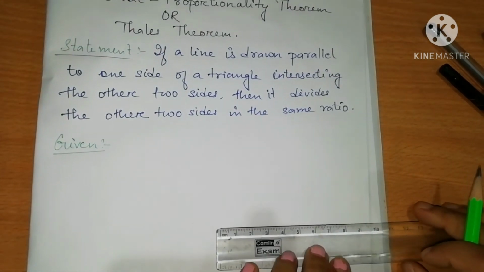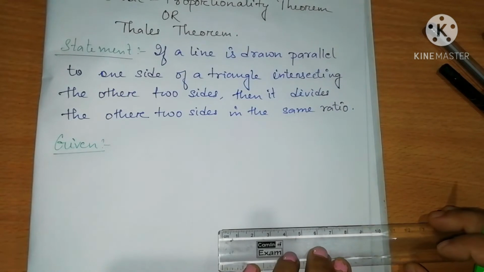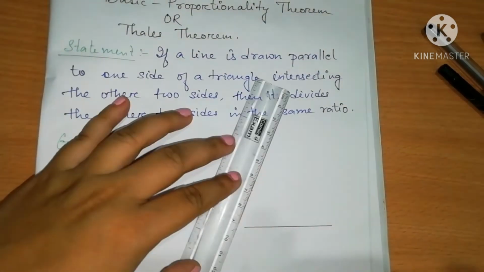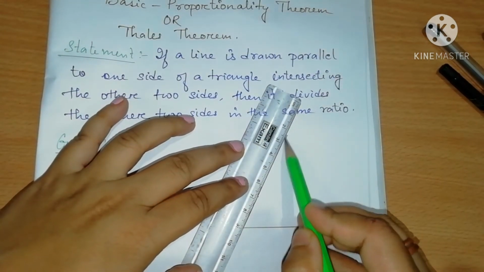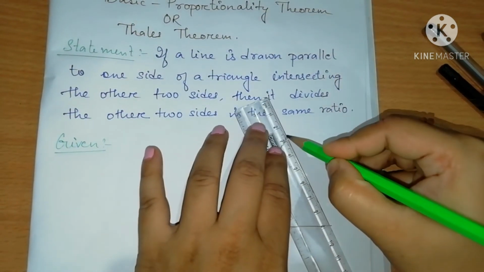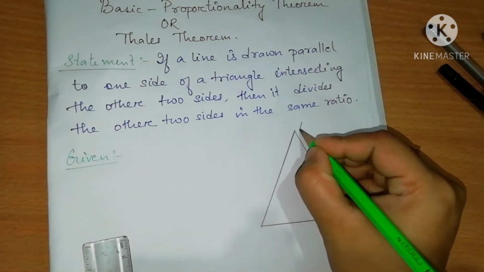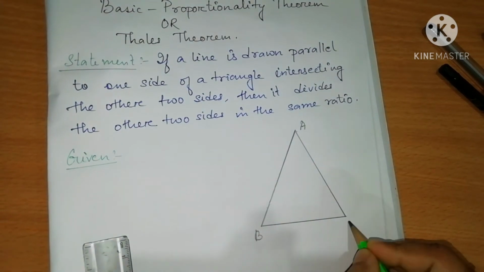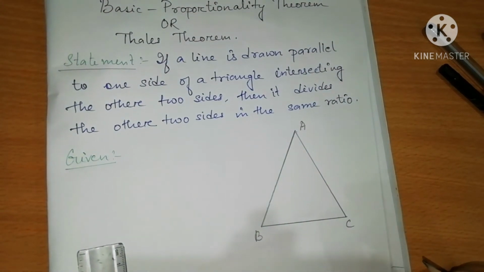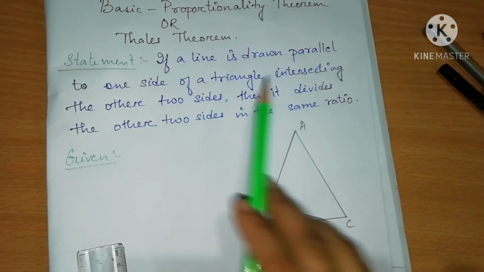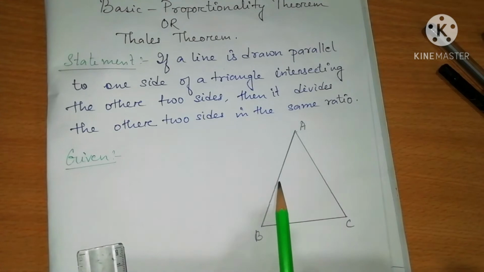So we need to draw a triangle. Suppose I draw a triangle and name it ABC. If a line is drawn parallel to one side of a triangle, I will draw a line in this position. This line will be parallel to BC.